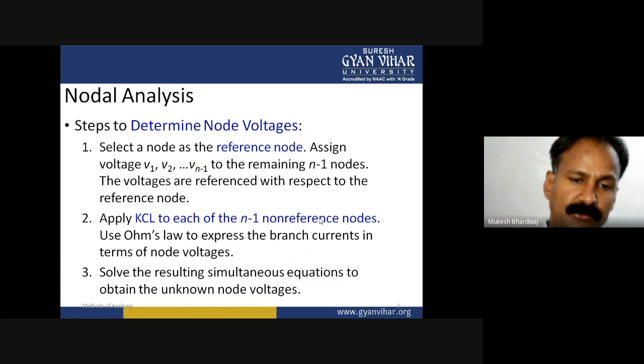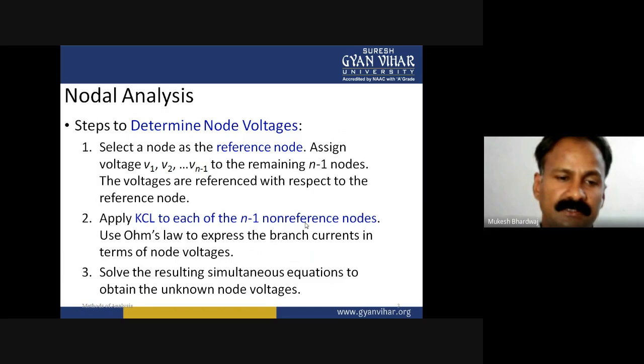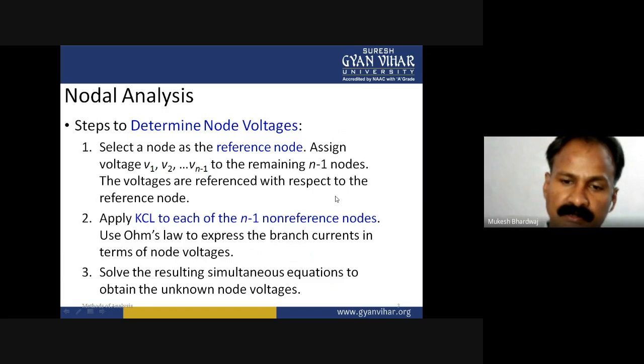Use Ohm's law to express the branch currents in terms of nodal voltage. Solve the resulting simultaneous equations to obtain the unknown node voltages. So this is the method for nodal analysis.